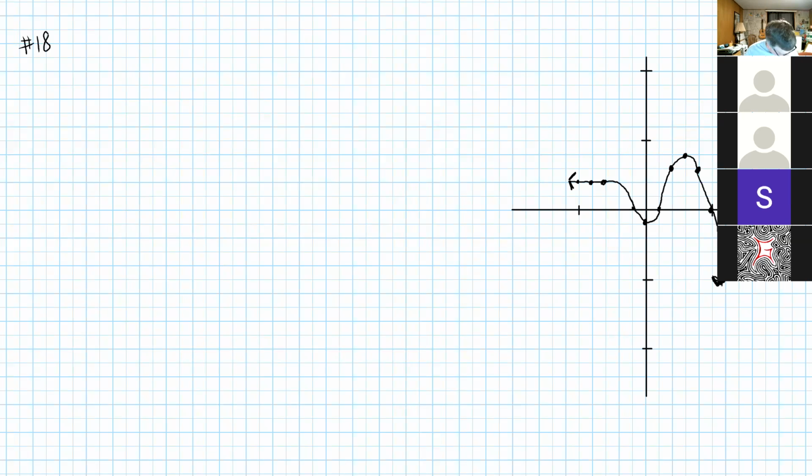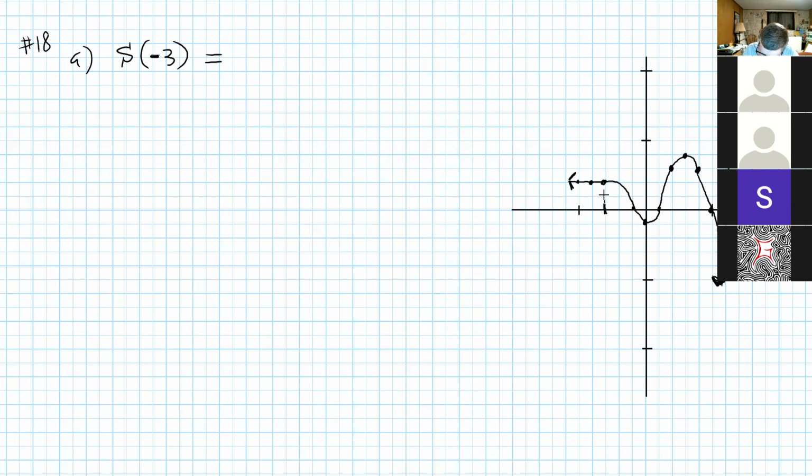This is function S. Part A says find S of -3. So on the graph, where is there an input of -3? Right about there, right?